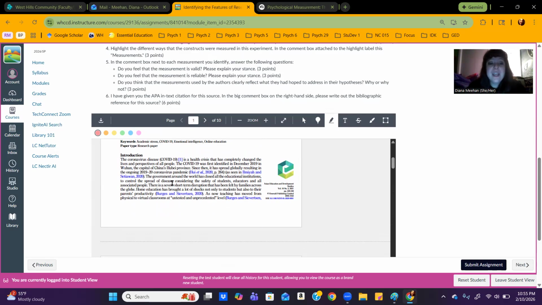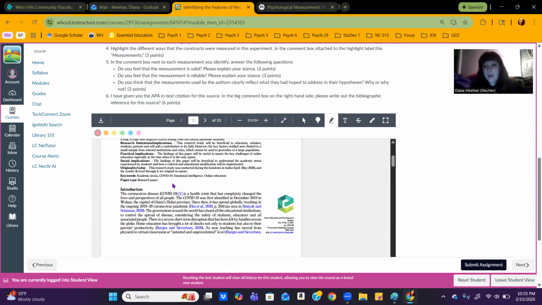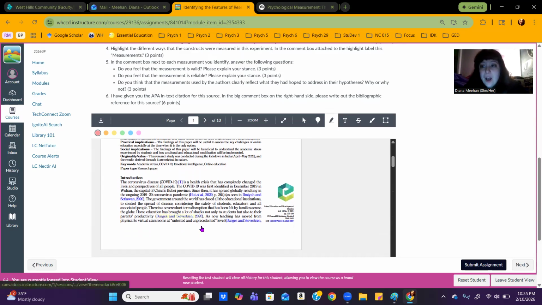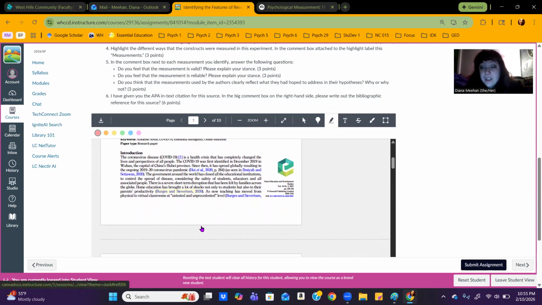So they're looking at research on the coronavirus and how it's impacting students in higher education, and anything that has been studied about academic stress, coping strategies, and emotional intelligence surrounding COVID-19 and higher education. This is research conducted by other people before us, and this is what we know about our topic right now. That's what the introduction houses.